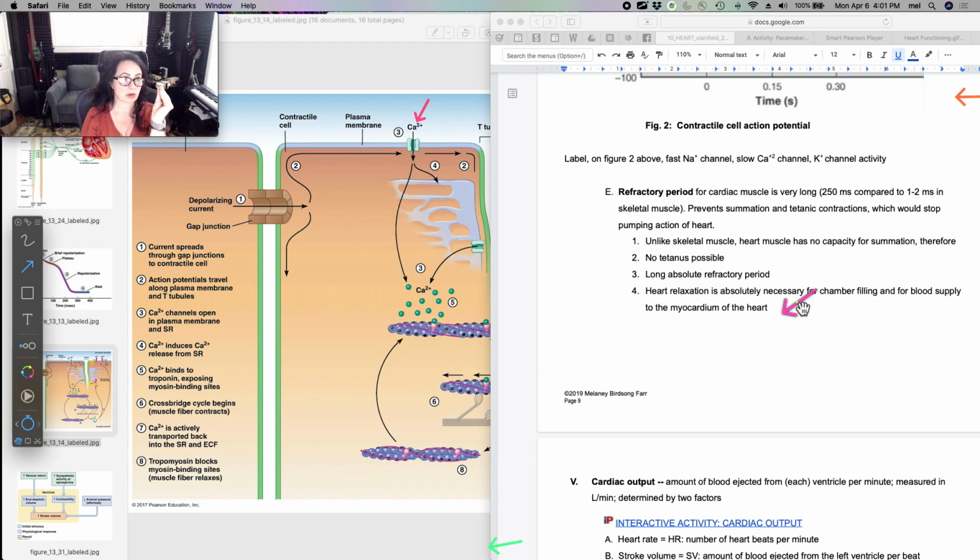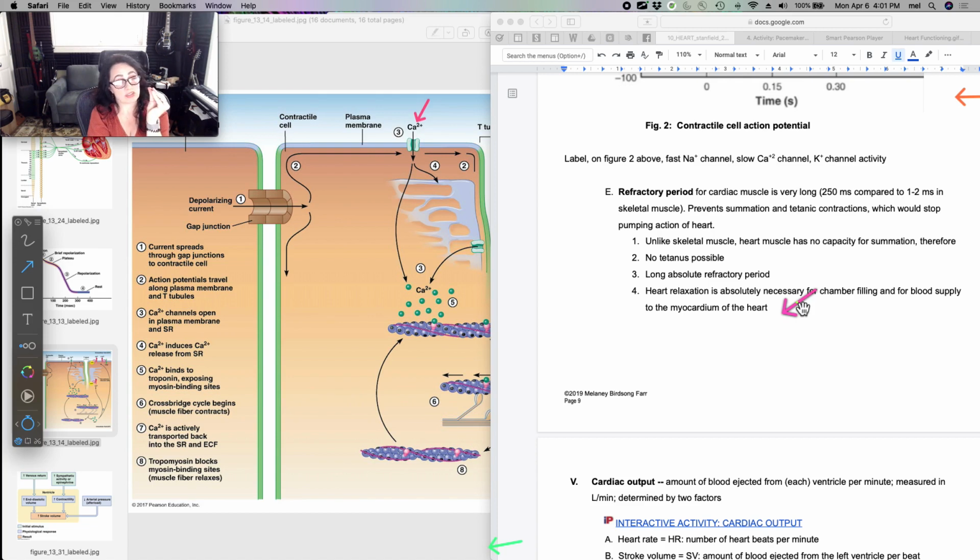Because when the ventricles are contracted, the blood gets pushed out into the aorta and then into the right and left coronary arteries and into some of the other arteries of the heart. But at the same time, it's actually compressing the capillaries themselves. So you can't really get blood into a capillary when the cardiac muscle is contracted. It's kind of like squishing a sponge underwater.